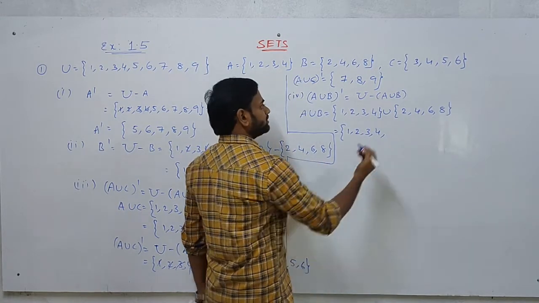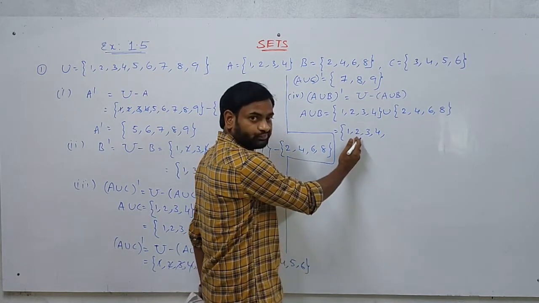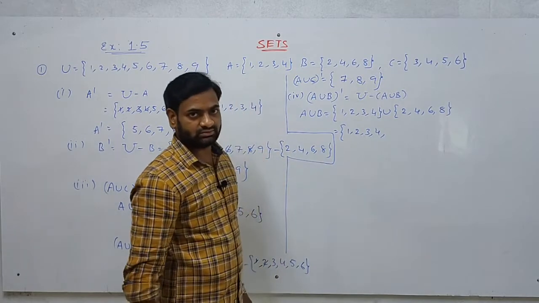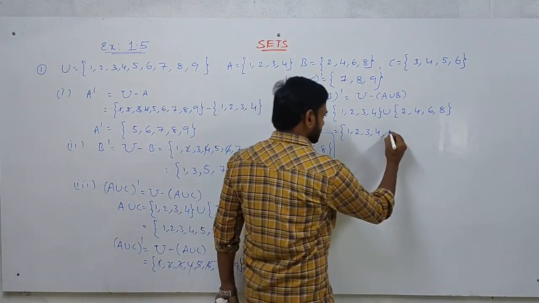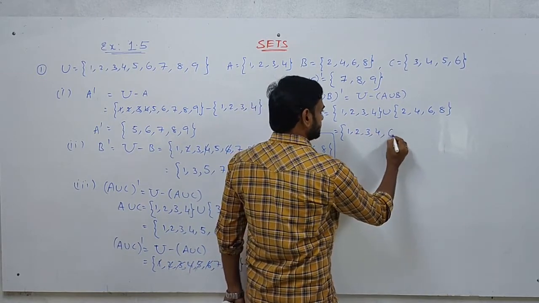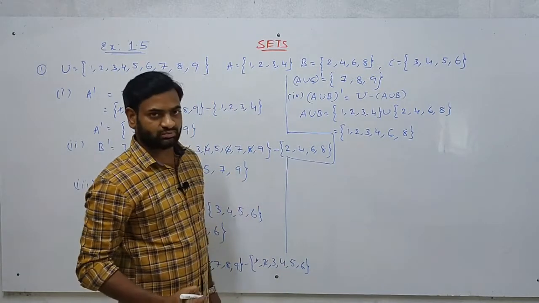Now what are the B elements I am writing here? 2 is there, already I wrote 2. Don't write again. Next 4 already wrote, don't write. Next 6, next 8. That is A union B.